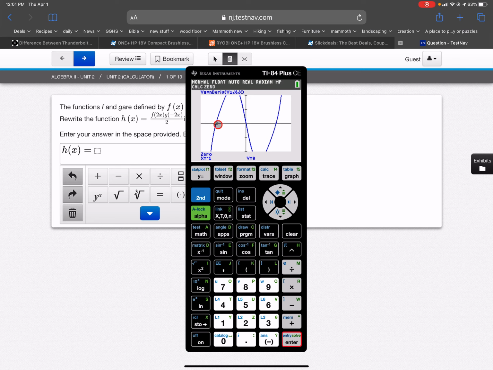So from negative 1.5 to negative 1, the second derivative will be negative, meaning the function is concave down. Now let's find this intersection point, that's 0. So I just want to put this to the left of that crossing point. Now it says right bound, so to the right, guess.